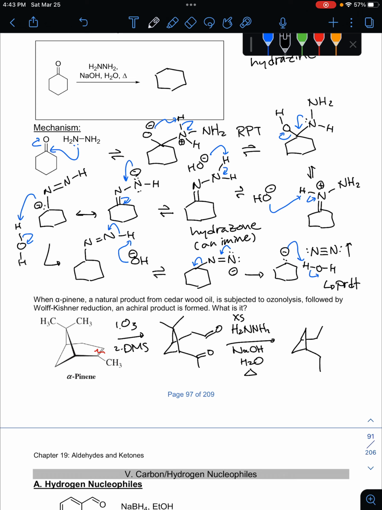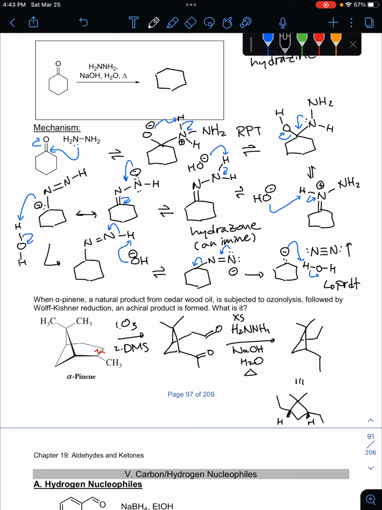Alkane there and alkane here. So we actually now get a symmetrical molecule, because those two ethyl groups assist each other.